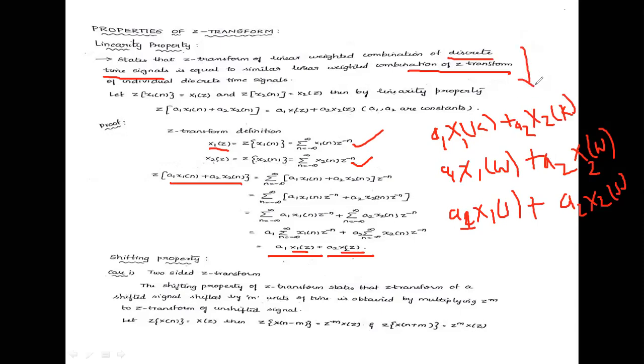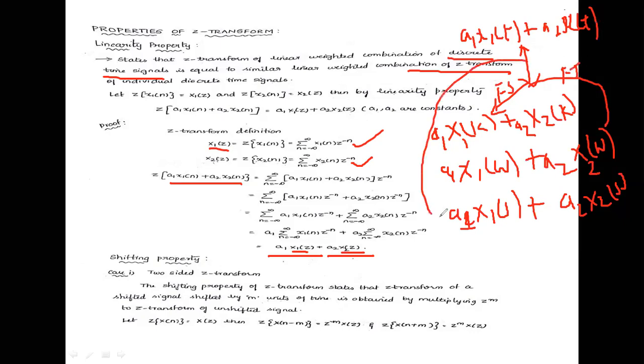These are what we'll get for continuous time signals a1 x1(t) plus a2 x2(t). This is for the Fourier series, this is for the Fourier transform, and this is for the Laplace transform for continuous time signals.